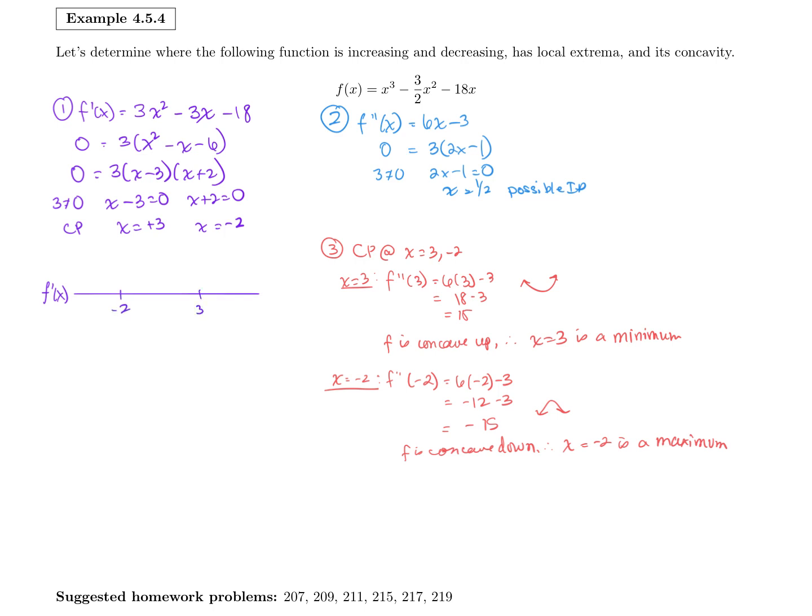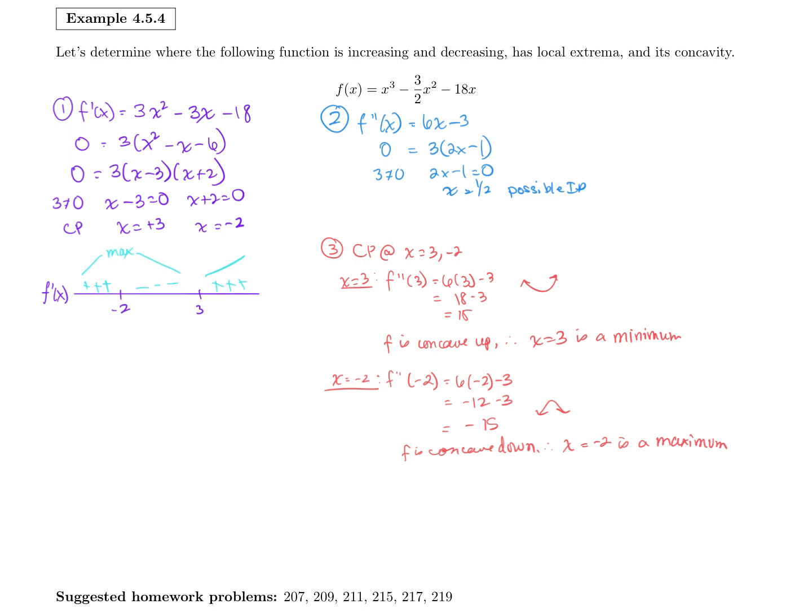If we evaluate at points less than negative 2, between negative 2 and 3, which, reminder, that's 0, and greater than 3, we find that we've got a positive value here, a negative value here, and a positive value here. So our function is increasing, then decreasing, then increasing. And hopefully that matches what we found before, where we said x equals negative 2 is a maximum.